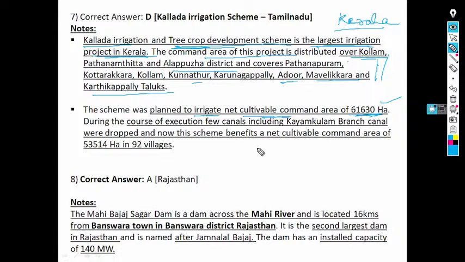During the course of execution, a few canals, including the Kayamkulam branch canal, were dropped, and now this scheme benefits a net cultivable command area of 53514 hectare in 92 villages.